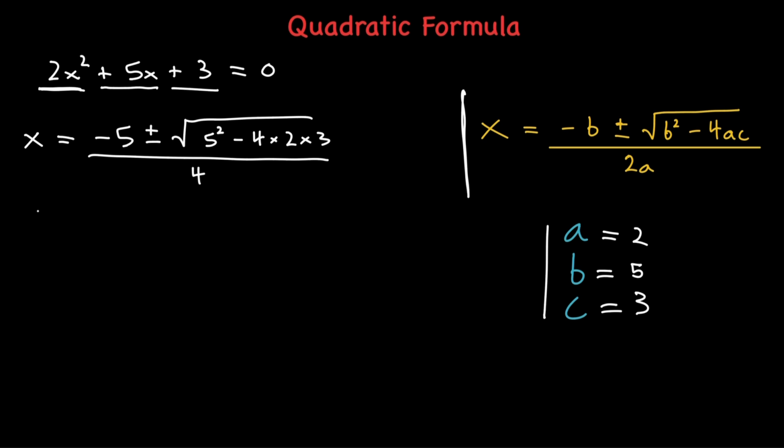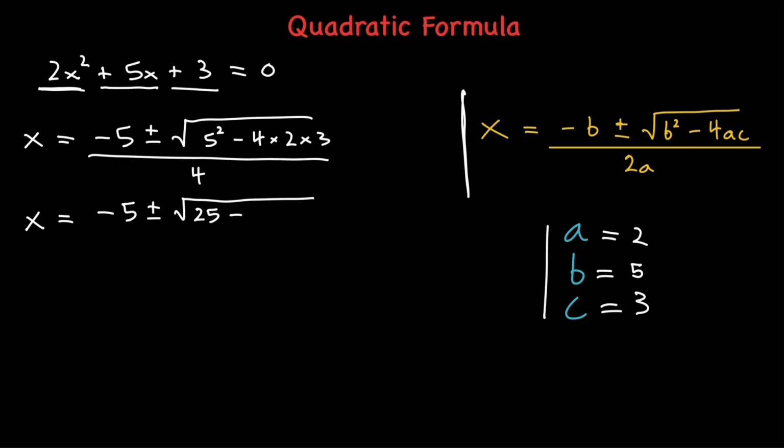And next, let's continue simplifying. So x equals minus 5 plus or minus the square root. And now we can simplify inside the square root. So 5 squared is 25 minus 4 times 2 times 3. 4 times 2 is 8. 8 times 3 is 24.